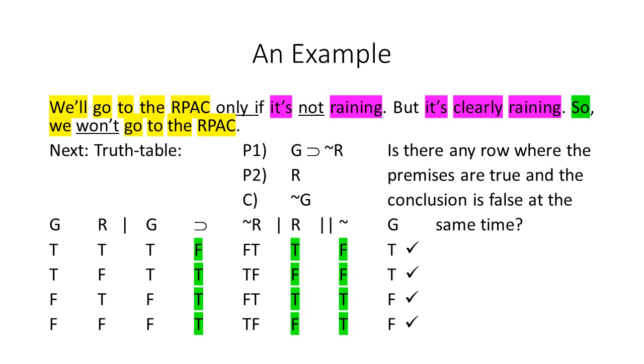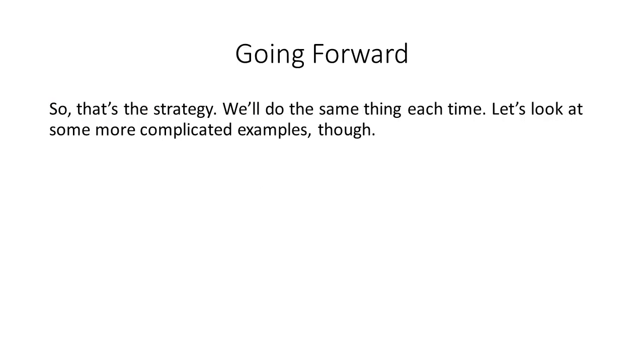So here the argument would be sound in the situation where G is false and R is true. Because not only would the argument be valid, which is a global property of the truth table, but it would also be sound here because the premises would be true and the conclusion would be true. So cool. So the argument's valid.